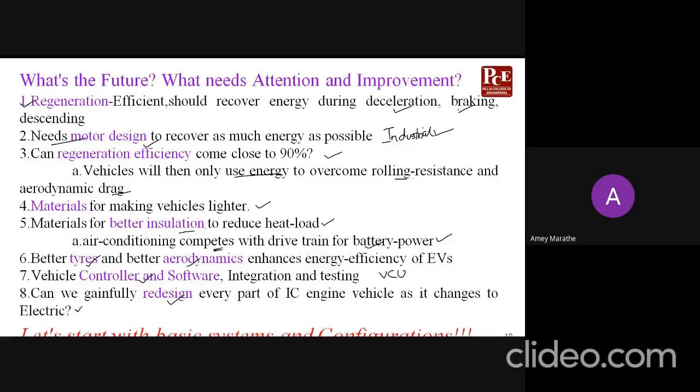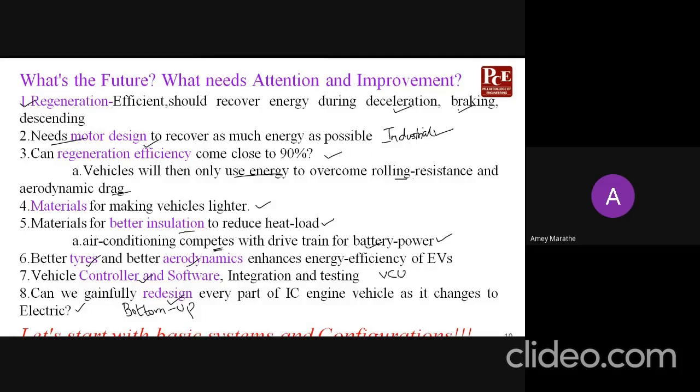So basically, what I was talking about is the bottoms-up approach. Bottoms-up means we are not simply replacing the IC engine with a motor. What we want to do is design the EV from scratch. So that is what point number 8 is.